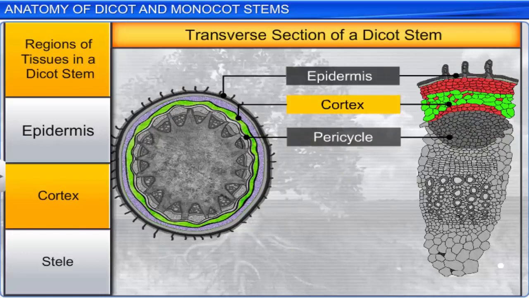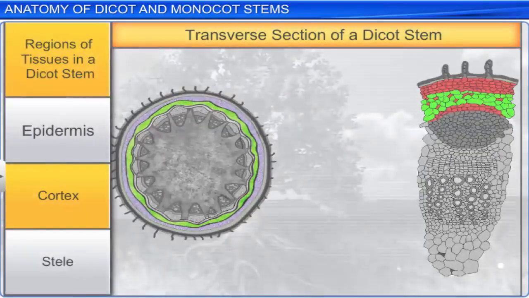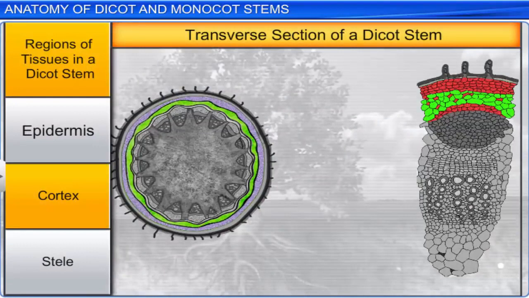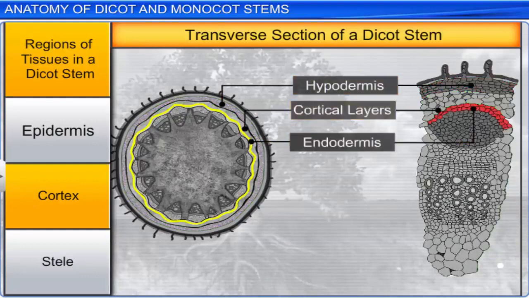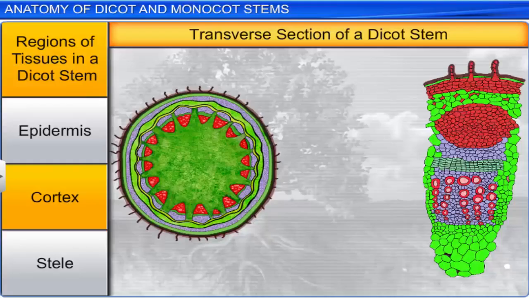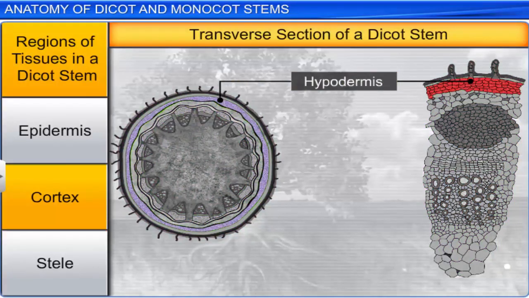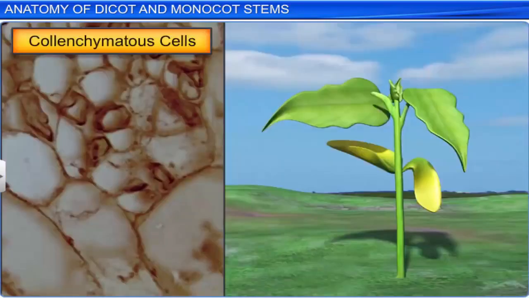The cortex comprises three subzones, namely the hypodermis, the cortical layers, and the endodermis. The hypodermis is the outermost zone of the cortex, which consists of a few layers of parenchymatous cells. These cells strengthen the young stem of a plant.